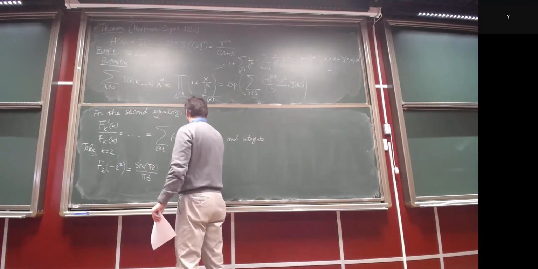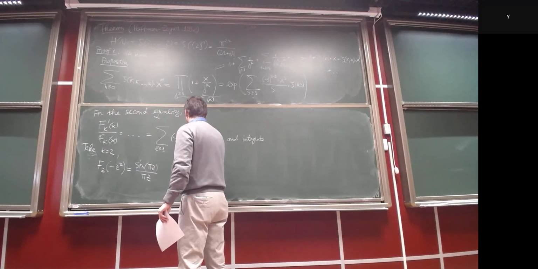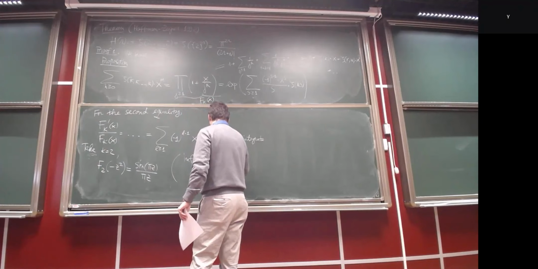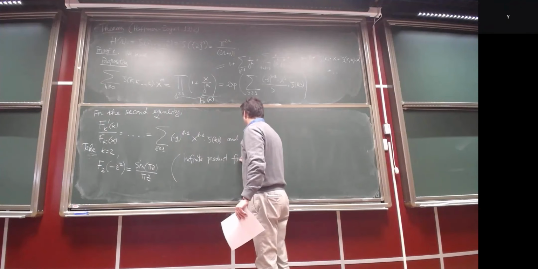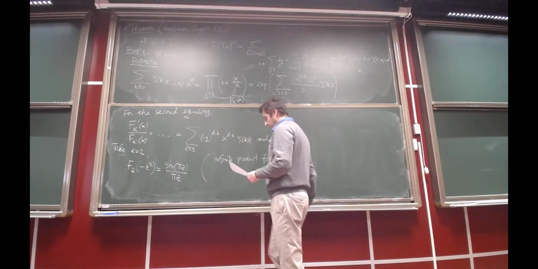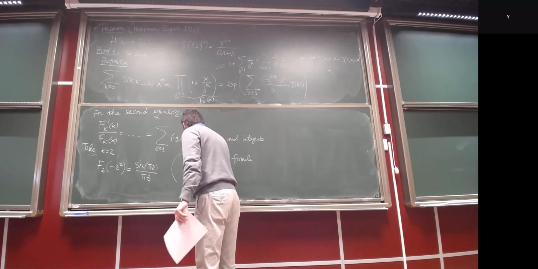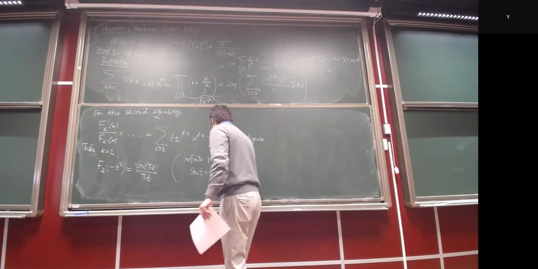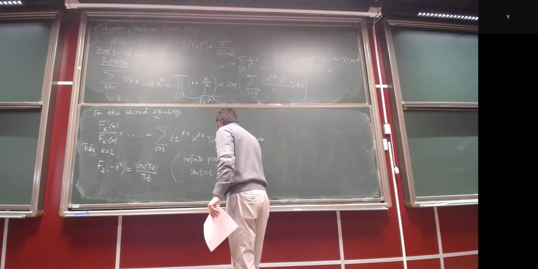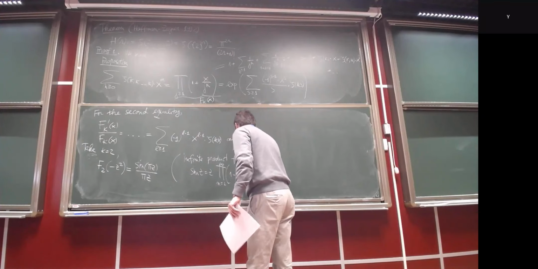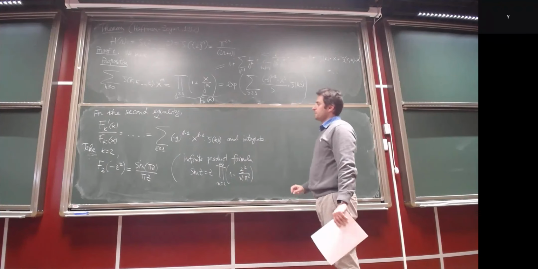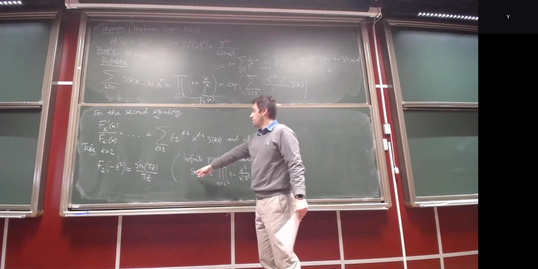So the infinite product formula for sine says that sine of z is z times the product, right? So we use this. In this way, this product will be exactly this.